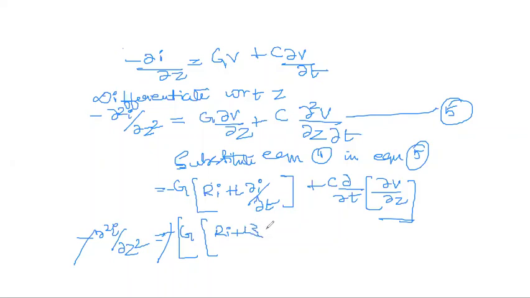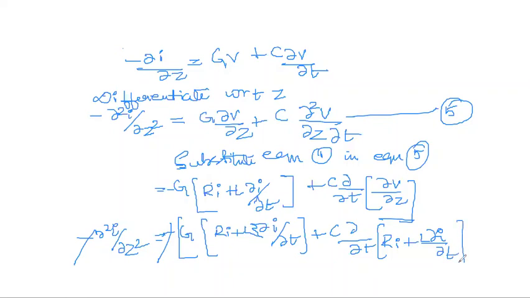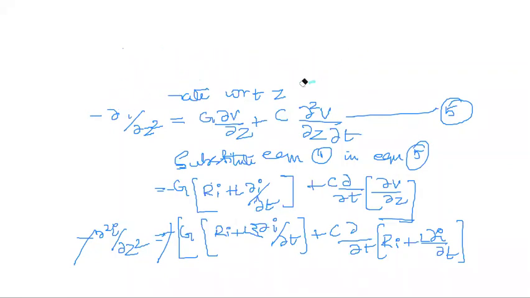You please write it down properly, plus C ∂/∂t of, here it is RI plus L into ∂I/∂t. Now simplify this.